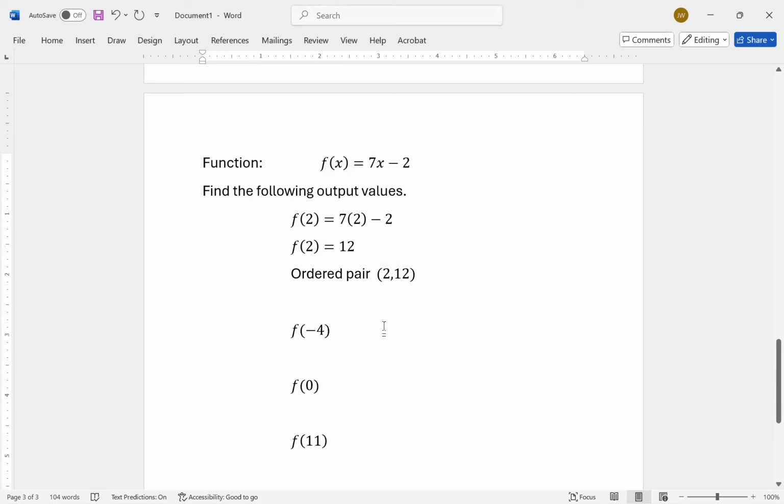Let's look at f of negative 4. If I wanted to input a negative 4 into my function, the output is going to be 7 times negative 4 minus 2. That means f of negative 4 gives an output of negative 28 minus 2, that's negative 30.